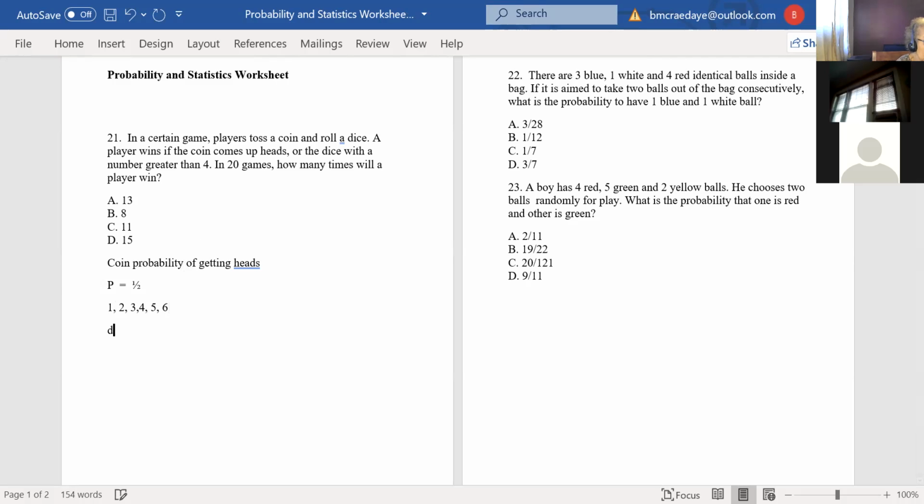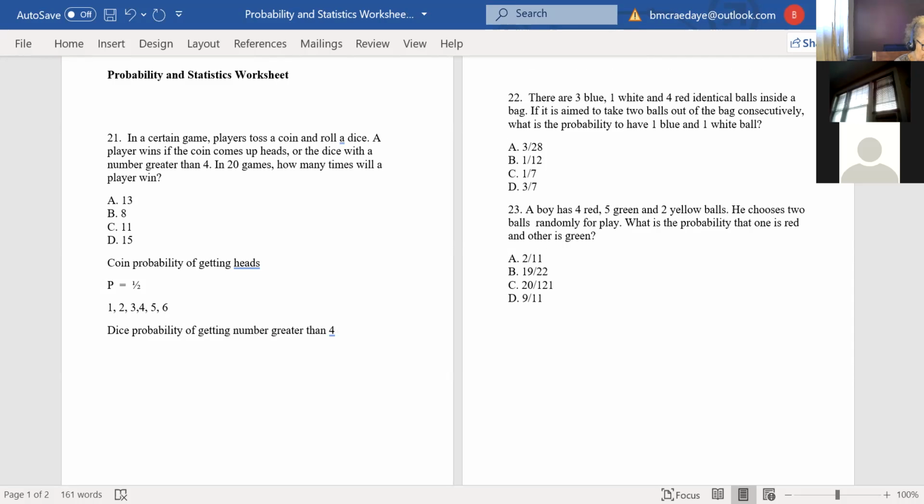This is the probability on the dice of getting a number greater than 4.